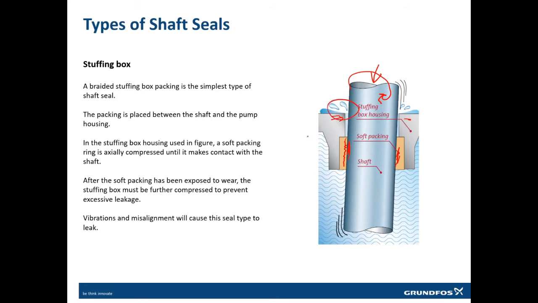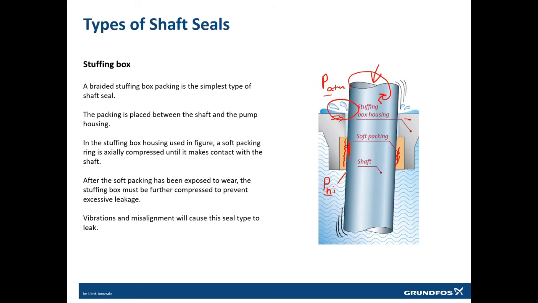You will always have a leakage in a stuffing box or compression packing, because the pressure here will be very high. This is the high pressure, and this is the pressure of the atmosphere, which is only 1 bar. So the pressure here is very low and the pressure here is very high. What will happen?